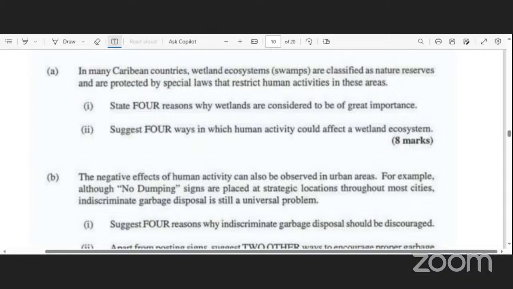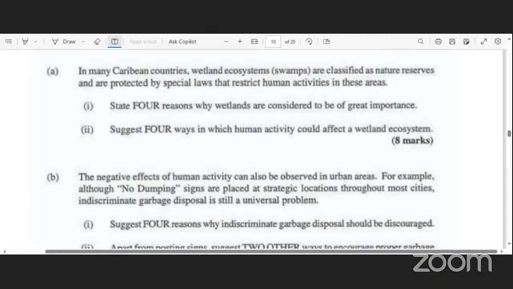State four reasons why wetlands are considered to be of great importance. So why are wetlands important?